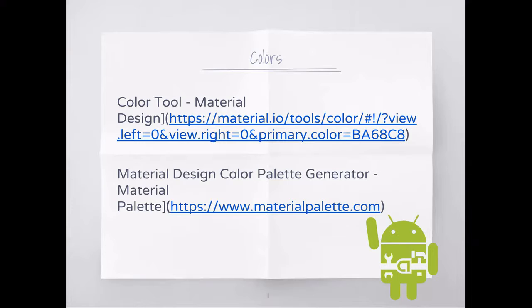If you don't know the specific combination for each color, the first one will be really useful. And if you want to have a whole theme generated for your app, the second one is really interesting. You can just choose two colors, and as a result, you will have a theme that you can use in the style of your app.